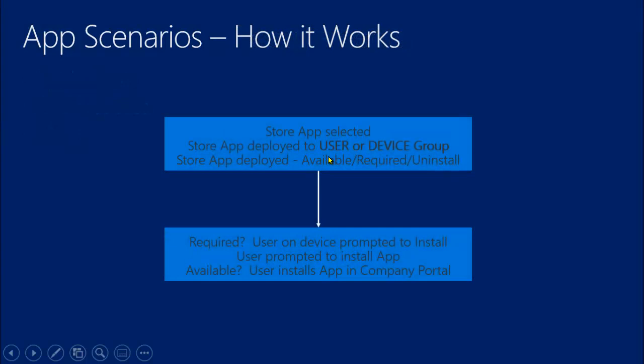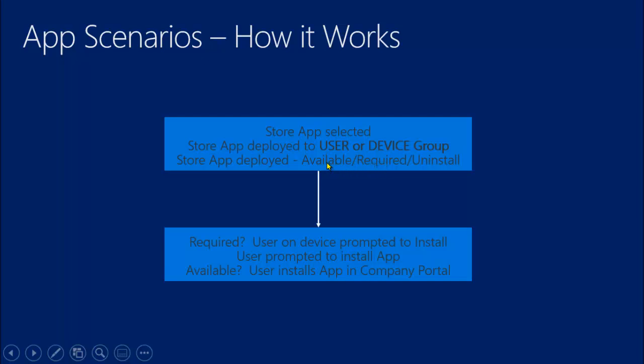So how does this work, right? Store apps. How does it work? So basically, in a very general format, the administrator selects the store app and chooses to deploy either to a user or device group, and then the app is deployed. It can be either available, required, or uninstalled, right? Now, if it's available, you can't really require it, so you can't really force it.